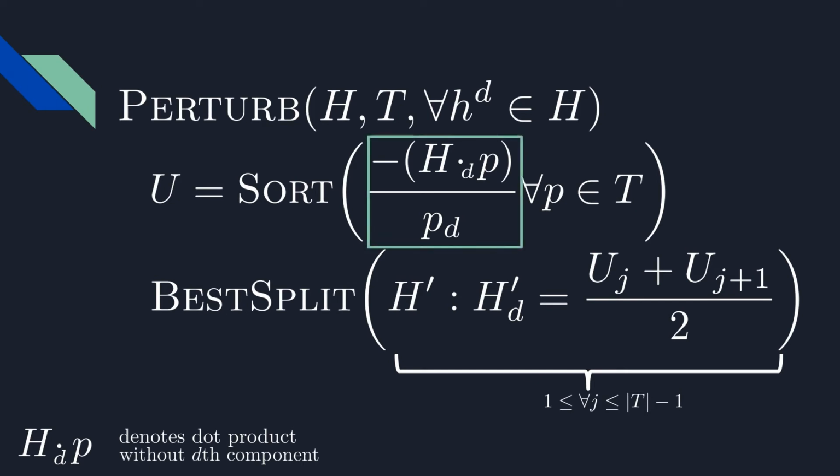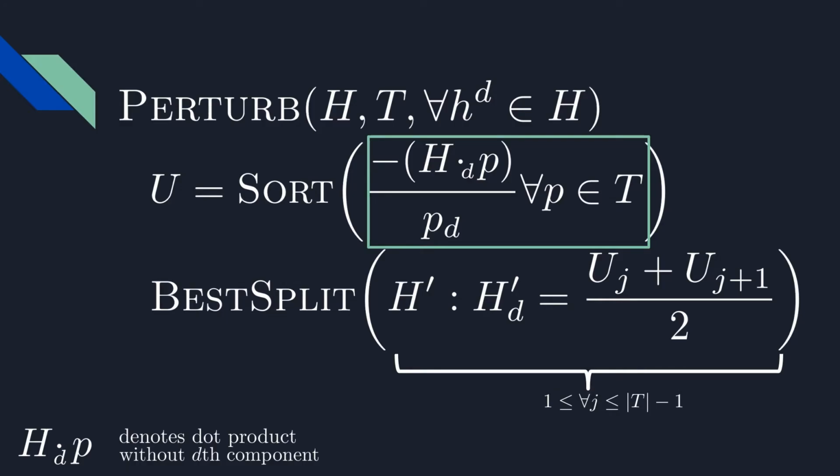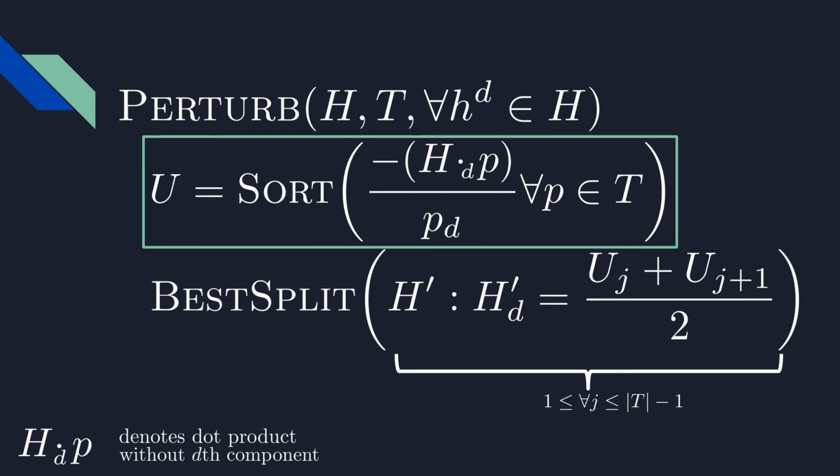To do so, it solves for the coefficient when the hyperplane goes through a data point. In other words, the dot product equals 0. It finds all these coefficients for the hyperplane going through all the points in the training set. This in effect projects the points onto a one-dimensional space. We then sort the coefficients representing the points in this univariate space, sorting effectively new hyperplanes in order.